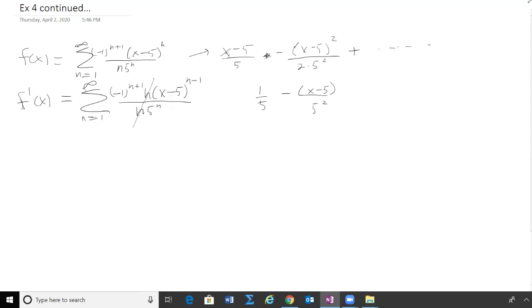Now notice what we have over here. N is 1, n minus 1 would be 0, so that would be a constant, the 0 power. And then we would just have 5 to the 1. And that's what we have here, 1 over 5.